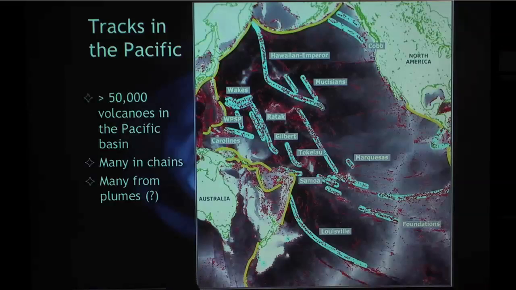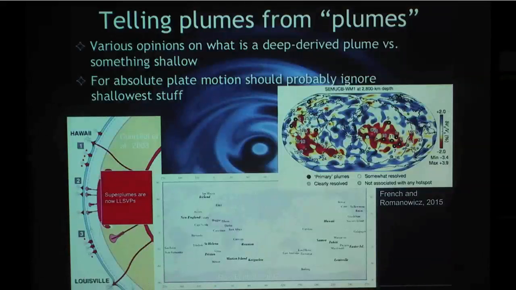All right, so following up a little bit on telling the difference between different things. People have, these are just a few pictures of this, but different people have spent time trying to figure out which one of these chains might represent what kind of process, whether it is a nice deep plume or whether it's something right near the plate, or whether it's something off of the top of, well, they're not super plumes anymore, but whatever that is, right?